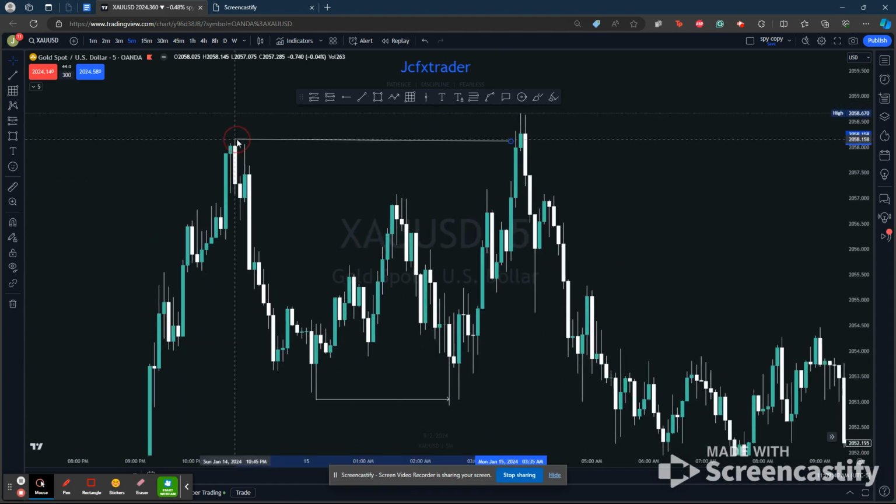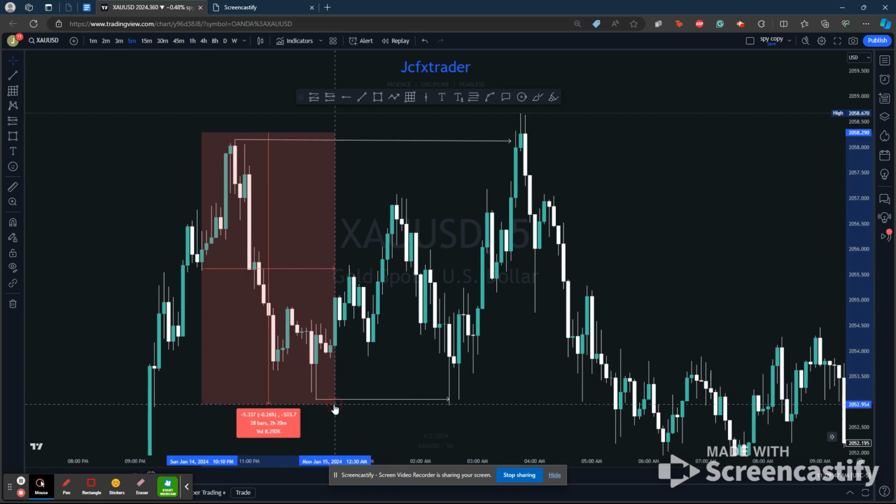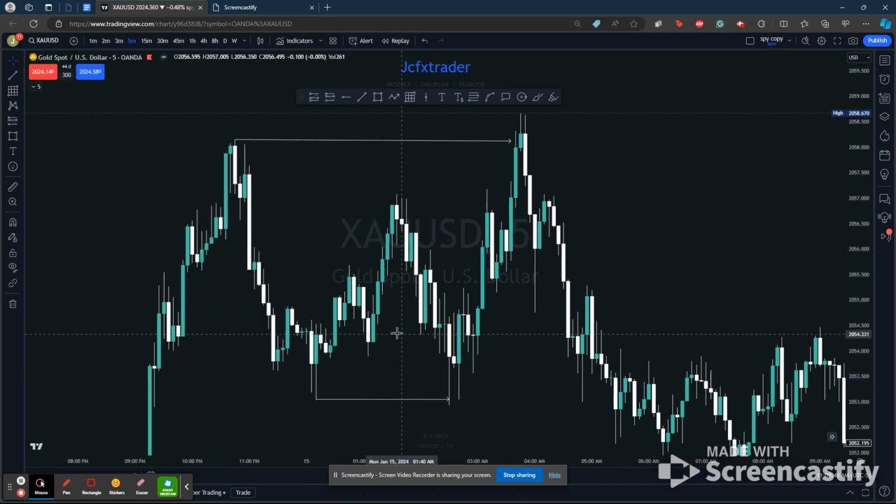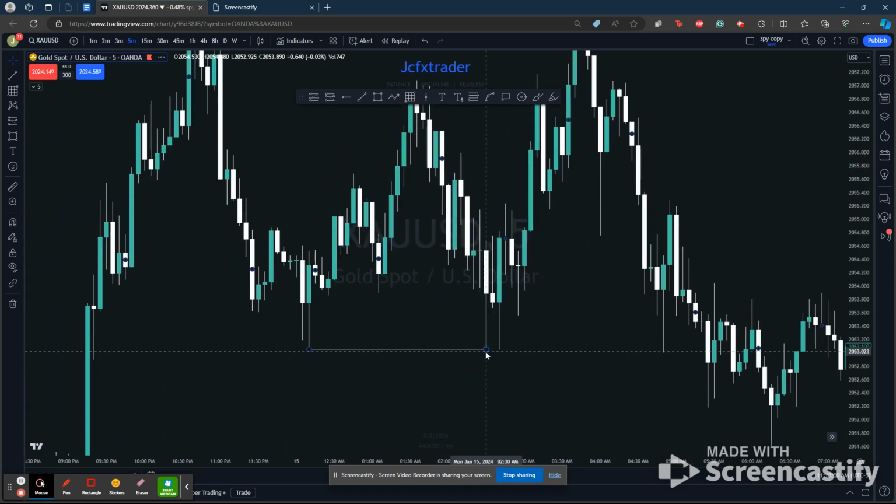So let's see. If we were to see that price came up here and dropped and created this range right here, this would be our externals. And we see that as soon as price came up, this was a fair value gap that we learned in the previous video. And it came back down to sweep the sell side liquidity.